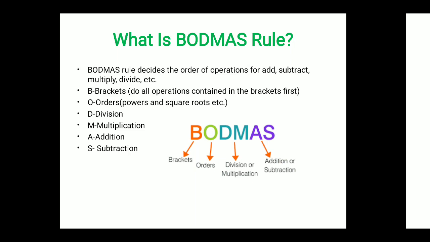BODMAS stands for bracket, order, division, multiplication, addition and subtraction. So what is the BODMAS rule? The BODMAS rule decides the order of operations for addition, subtraction, multiplication, division, etc.